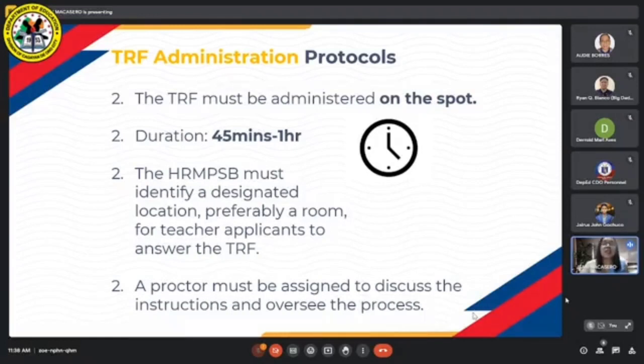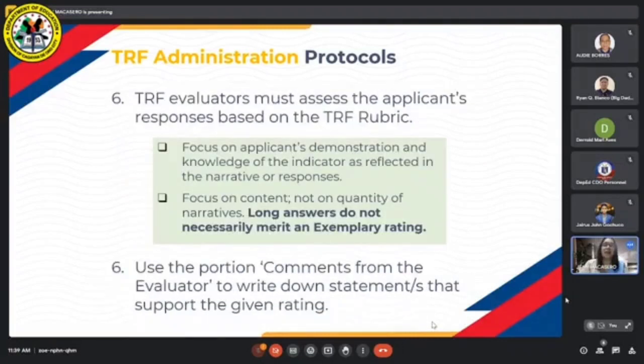We will be designating location, preferably a room for teacher applicants to answer the TRF. Okay. So, there will be a assigned proctor to give instruction during the process in answering the TRF. Okay.